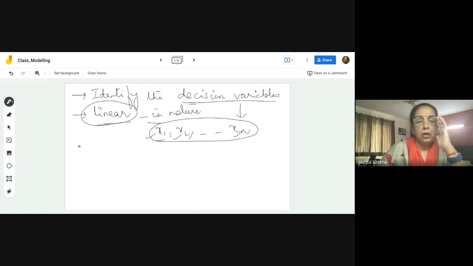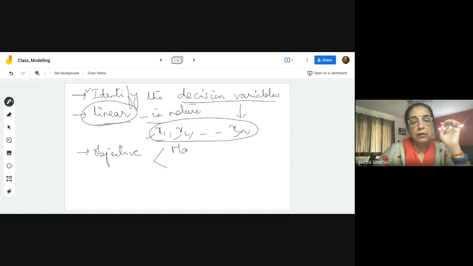Once we have identified the decision variables, then we have to identify the objective. That means we have to identify whether we are going to maximize something or minimize something. So now we are going to classify whether it's a maximization problem or a minimization problem, because definitely it's an optimization problem, but even in optimization we can either maximize or minimize.